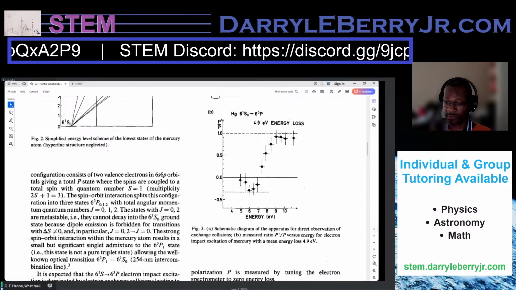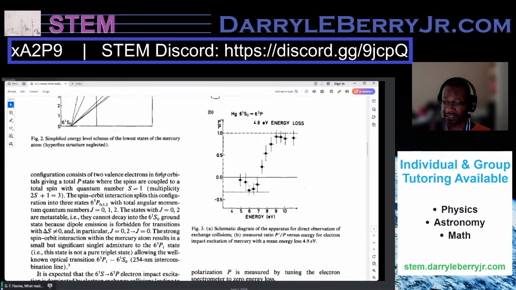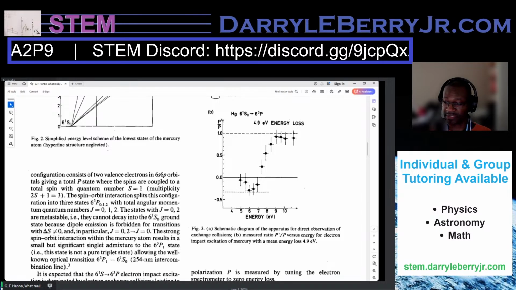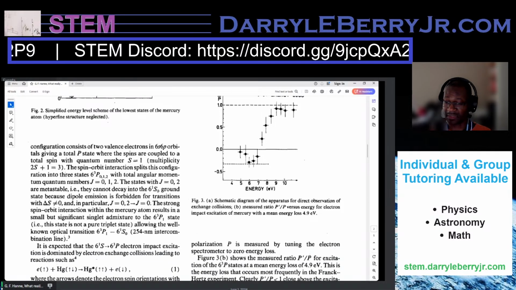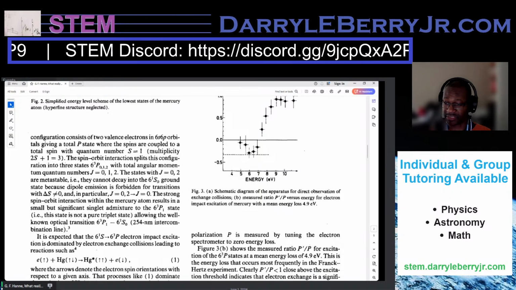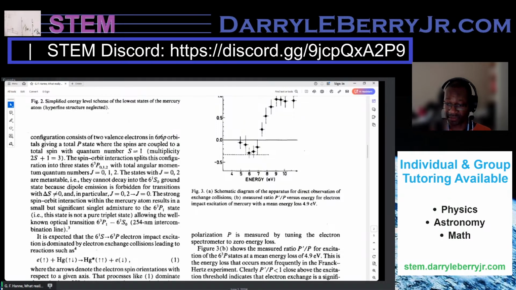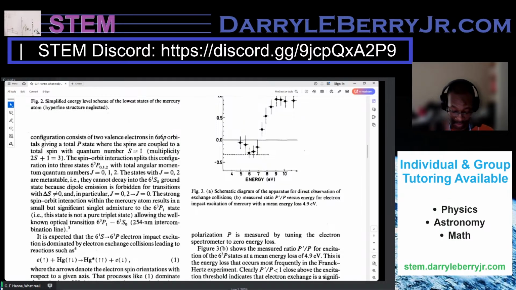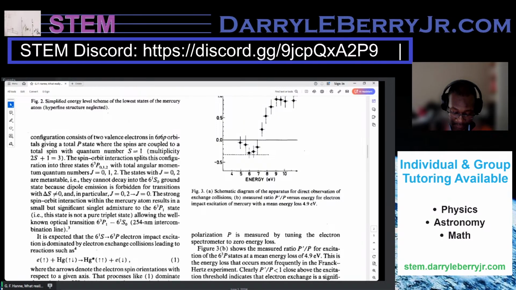The strong spin-orbit interaction within the mercury atom results in a small but significant singlet admixture to the 6 3P1 state, i.e. this state is not a pure triplet state, along the well-known optical transition 6 3P1 to 6 1S0, 254 nanometers, the intercombination line.